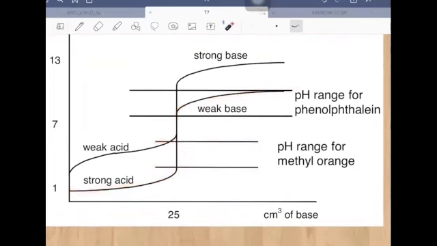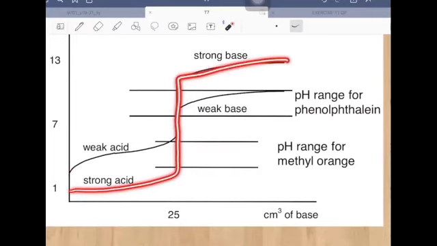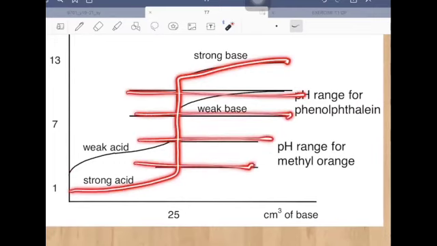Okay, if I'm looking at, let's say, strong acid, strong base. Okay, strong acid and then strong base. Now you notice that strong acid, strong base has an extended vertical region, right? So the answer is yes, you can choose either phenolphthalein or methyl orange because both of these pH ranges lie inside the vertical region.